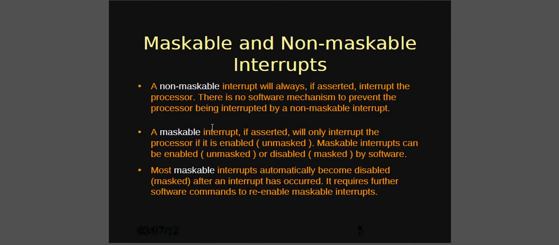The other type is the maskable interrupt. If it is asserted, it will only interrupt the processor if it is enabled, which is unmasked. If you unmask it, that means the interrupt is enabled, then it can ask the processor to go and execute the ISR. But if it is masked or disabled, even if it's high, it won't change anything on the processor because the interrupt is disabled.